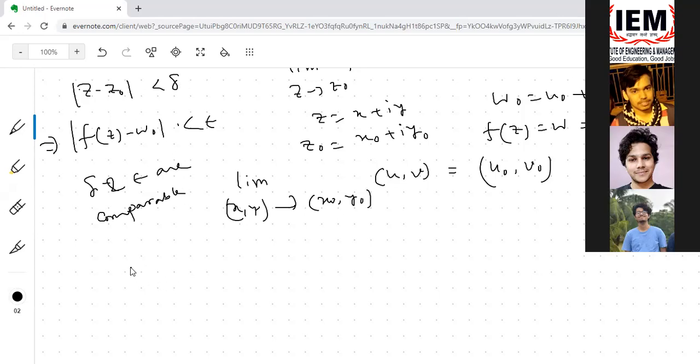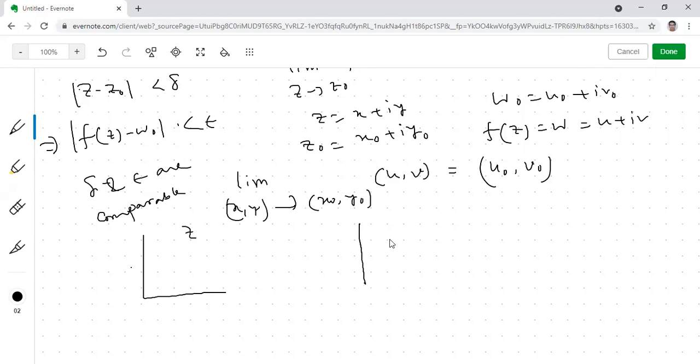So here we are taking two planes. One is a z plane, because we can't incorporate all those four variables in one graph, and this is the w plane. So this is the x-axis, this is the y-axis, and this is the u-axis, this is the v-axis. So the radius of this circle is actually delta, and the center is at (x0, y0).